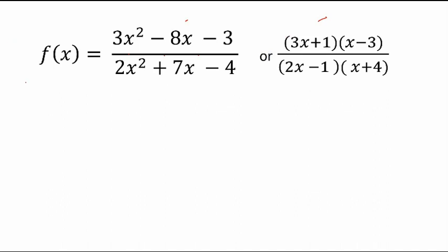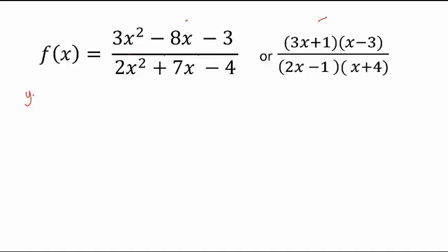So, for you to find the Y-intercept, isi-set lang natin, gawin lang natin 0 si x. F of 0 is equal to 3 times 0 squared minus 8 times 0 minus 3 over 2 times 0 squared plus 7 times 0 minus 4.